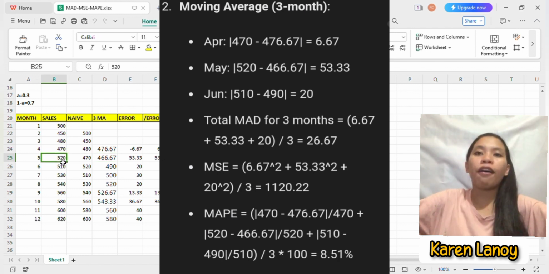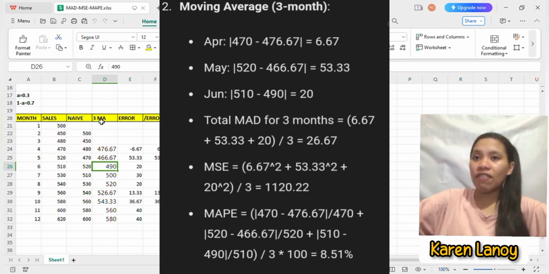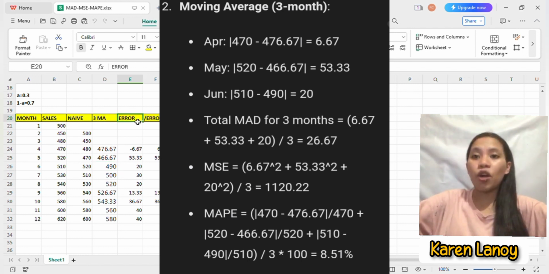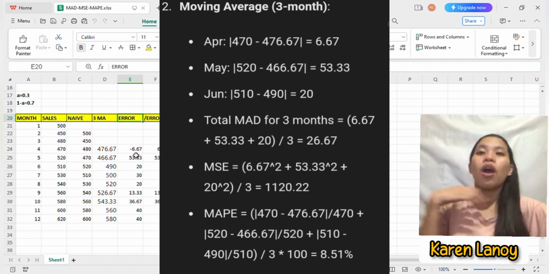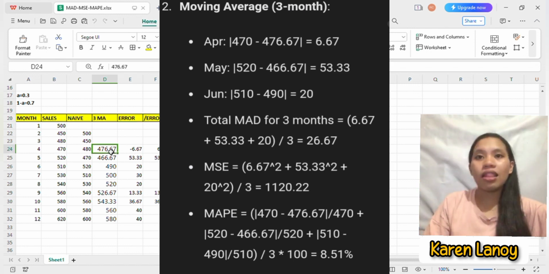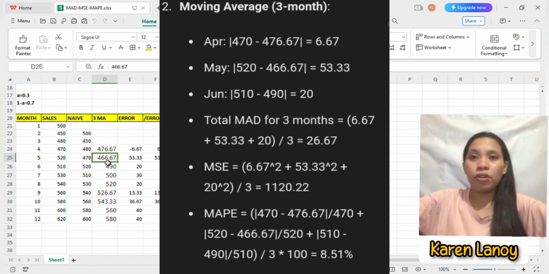In MAPE, we have (470 - 476.67)/470 plus (520 - 466.67)/520 plus (510 - 490)/510, and then divide also by 3, times 100, equals 8.51%.